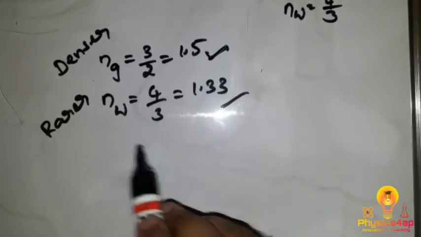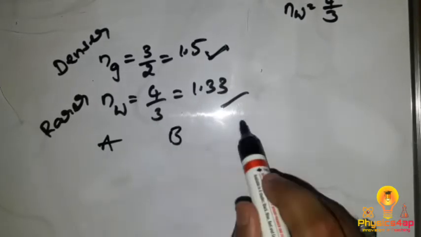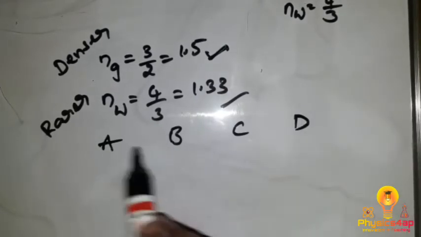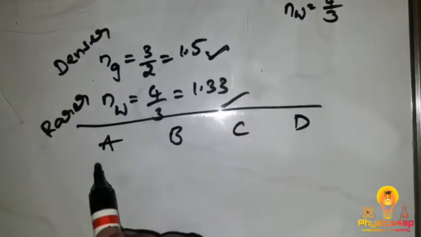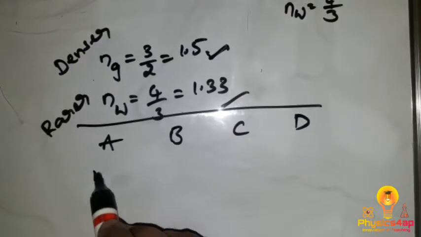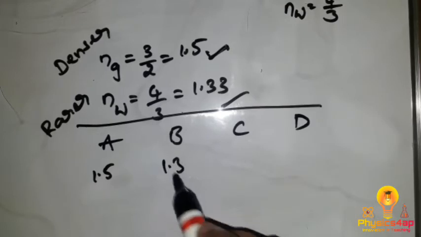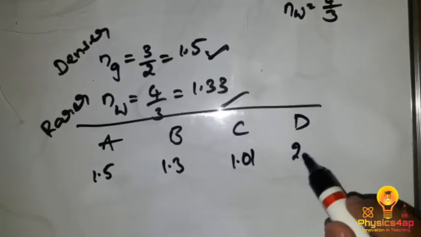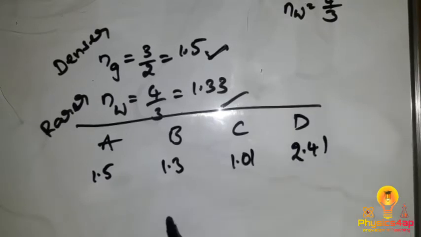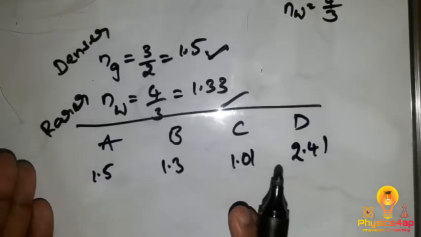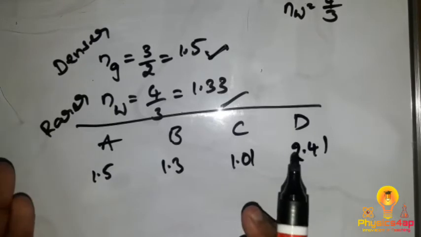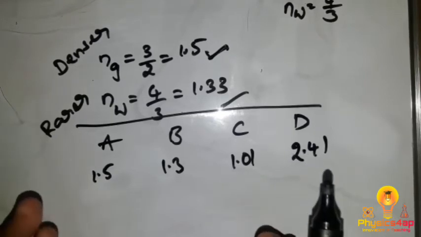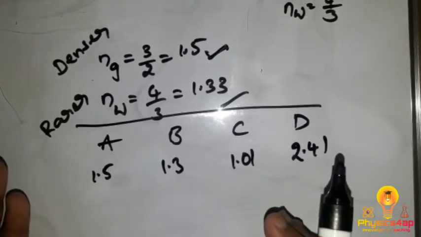For example, suppose 4 different mediums are given, with refractive indexes 1.5, 1.3, 1.01 and 2.41. Among the 4 mediums, which is considered the denser medium?